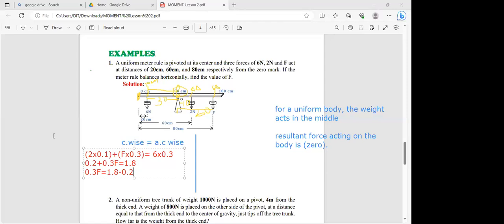So we'll be having our 0.3 F being equal to 1.8 minus 0.2, which will give us 1.6.